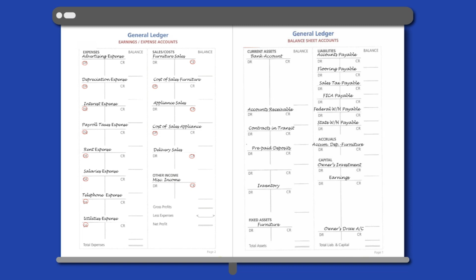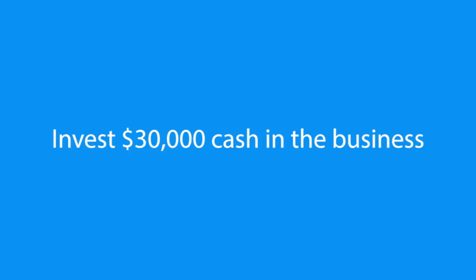Okay, just like earlier, we are going to go through each of these transactions as a group and give you an opportunity to tell us what you did. So let's start with the first transaction. Invest $30,000 cash in the business.